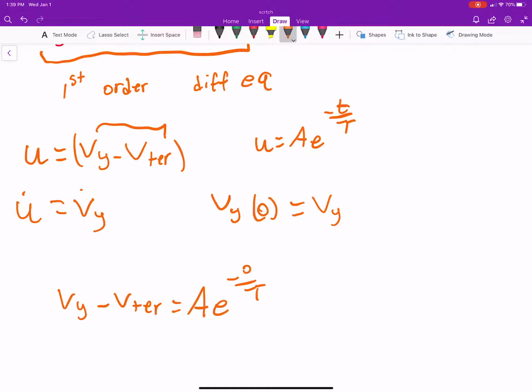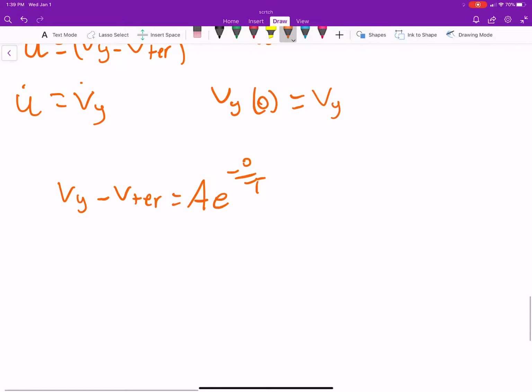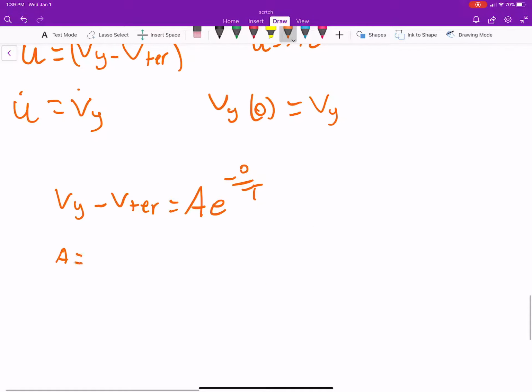Right? So A equals, I'm sorry, no, A, we want A. A equals Vy minus V terminal. So this part is going to be equal because this is just going to be 1. Okay, so we know that.